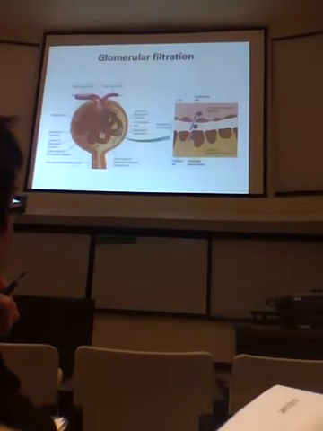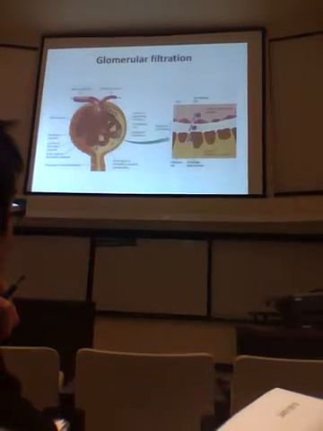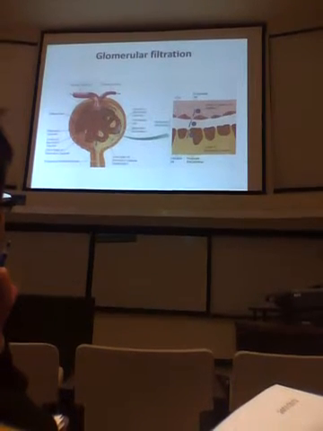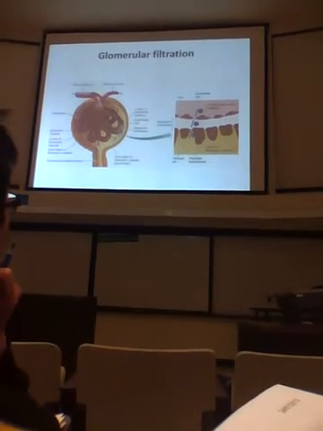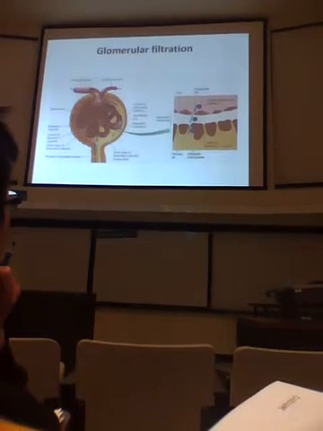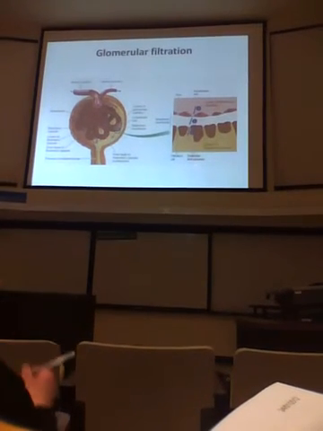And here is Bowman's capsule, and the capillaries are covered in cells with long, thin, finger-like processes. These cells are called podocytes, and these finger-like processes are called foot processes.